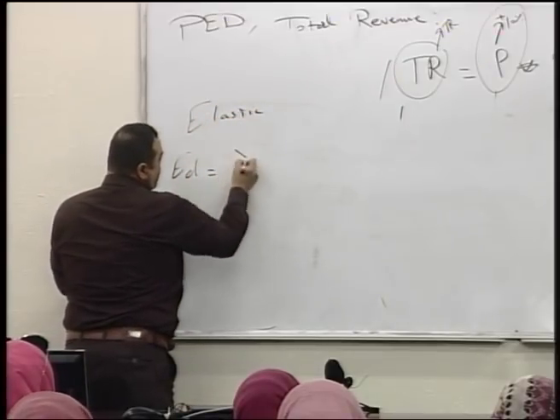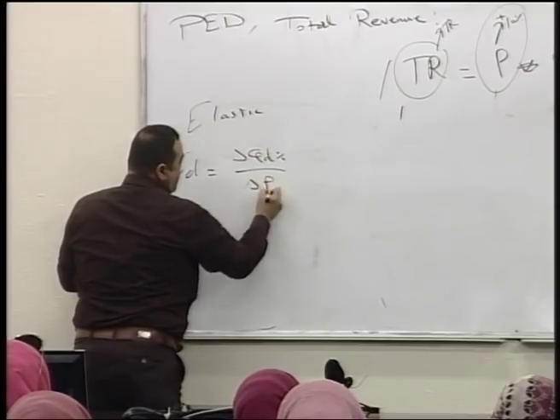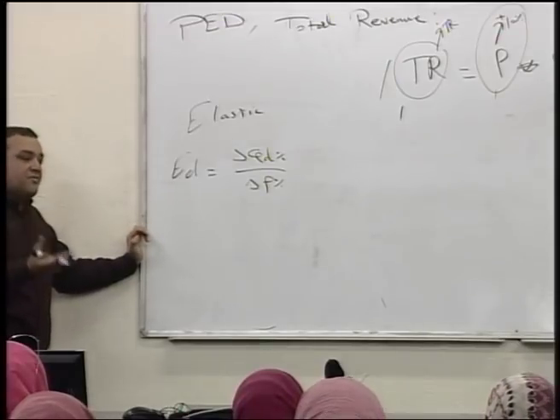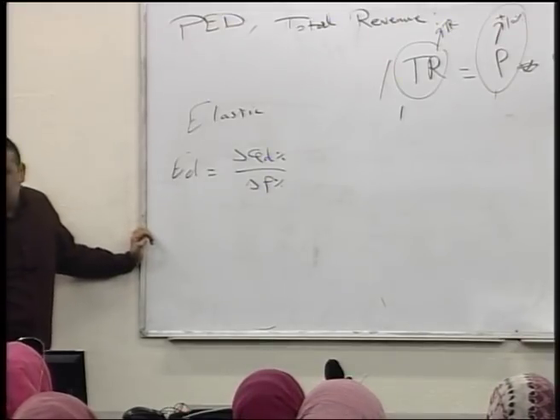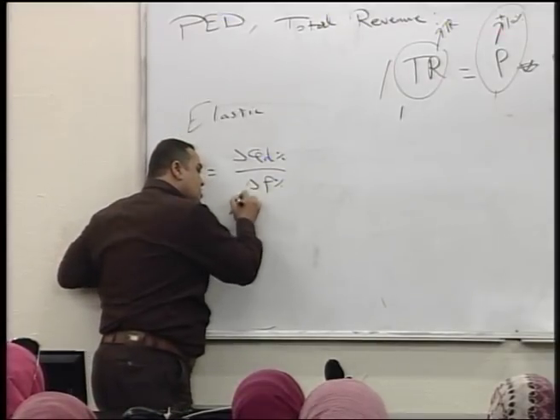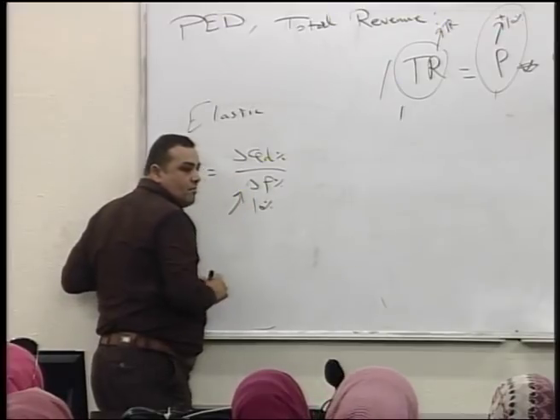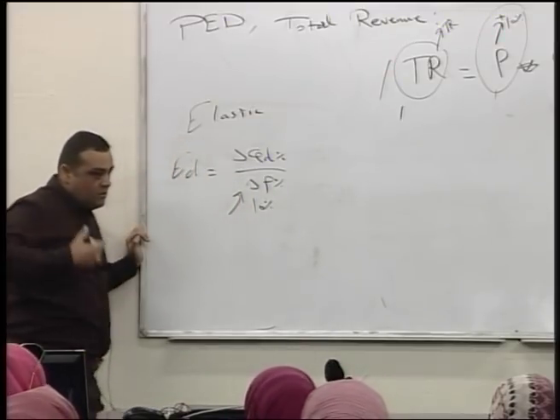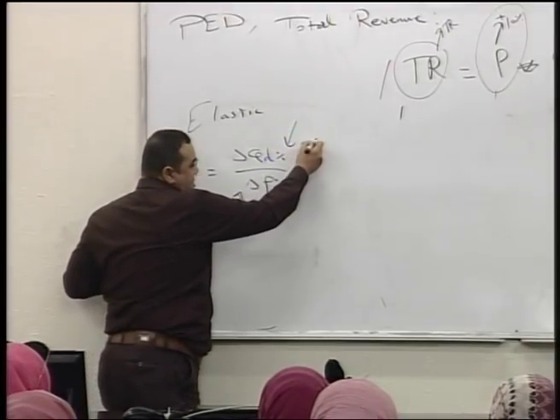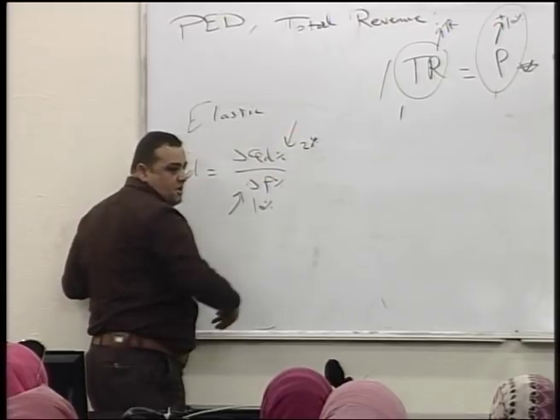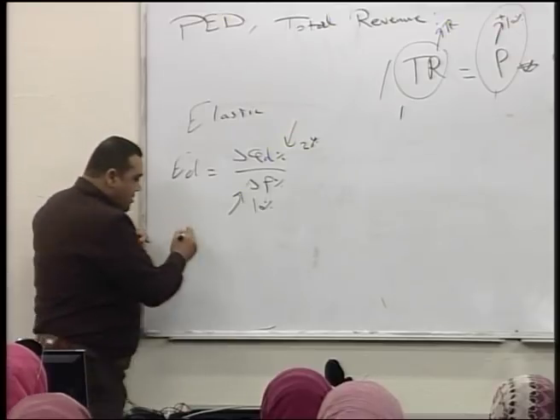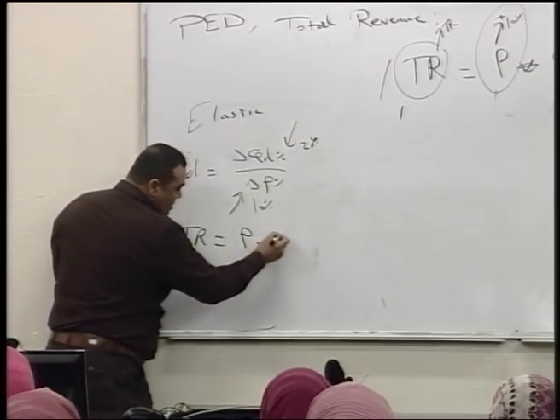ED equals change in quantity demanded percent over change in price percent. According to our assumption, the price goes up by 10%, and the quantity demanded will go down by 20%, 40%, 33%, it's bigger than 10%, right? Now, total revenue equals the price times the quantity.